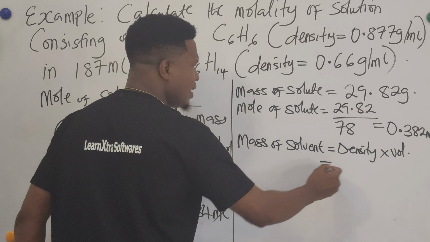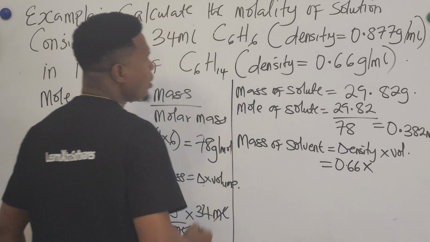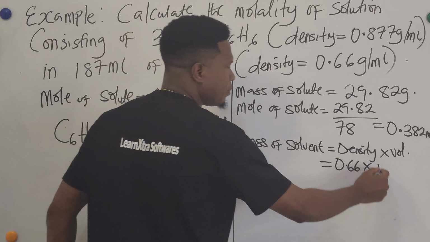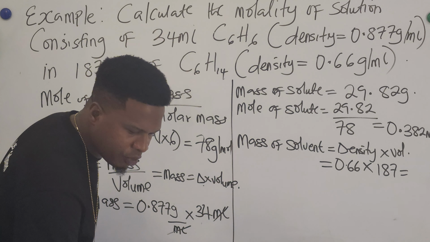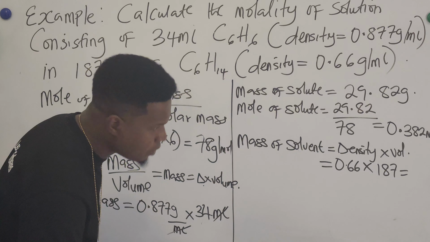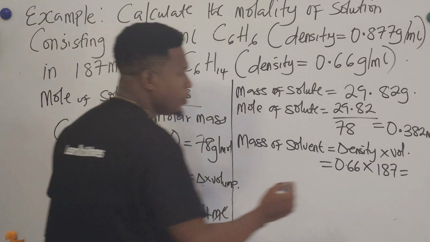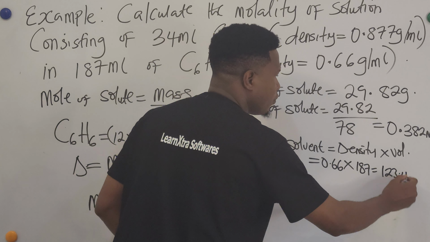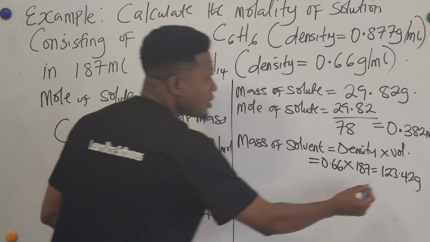Okay? So what is the density? 0.66 times, what is the volume? 187. When you multiply these two, 0.66 times 187, you will have 123.42 grams. So this is just the mass of the solvent.